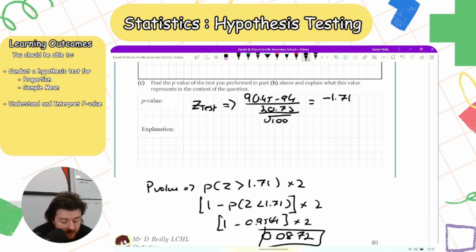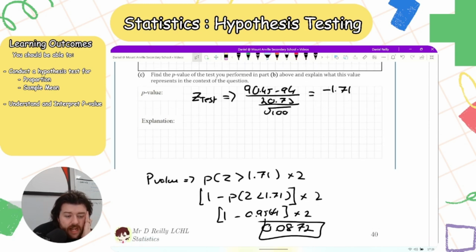So if the supermarket's claim was true, what we say for the explanation here is, no, sorry, the explanation would be: if the mean amount spent really was €94, then the probability that the sample mean would be €90.45 by chance would be 8.72%.